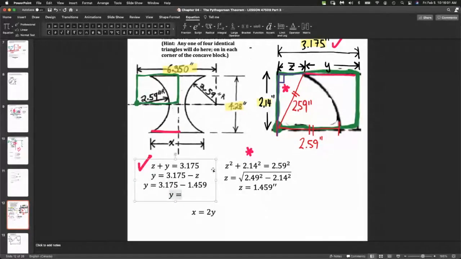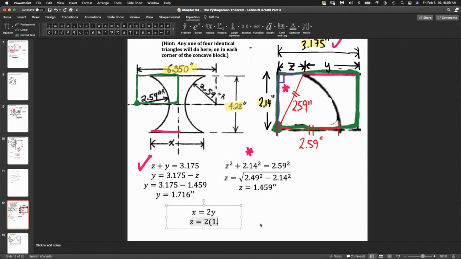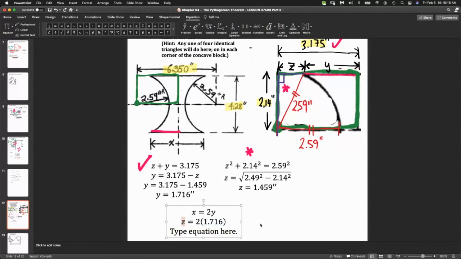So when you do it this way, you get Y is 1.716. And finally, X equals 2 times 1.716. So then X equals 3.432. And there you have it.